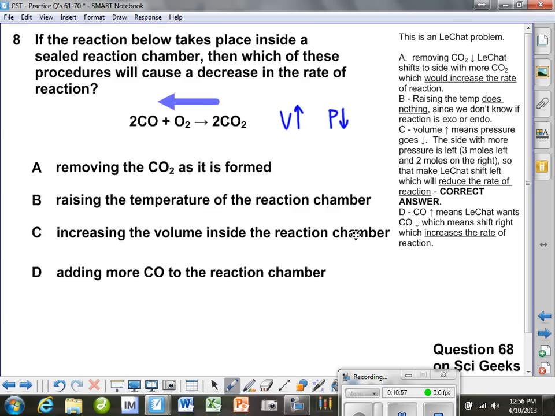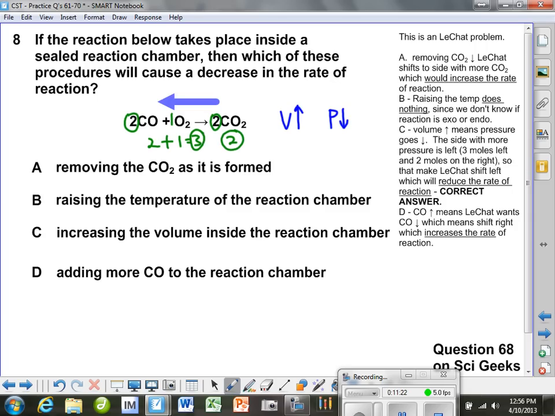So let's add them up. On the left side, we have this 2, and the coefficient here is actually a 1, so 2 plus 1 is equal to 3 on the left. On the right side, we only have the 2, so 2 is our total on the right, 3 is our total on the left.